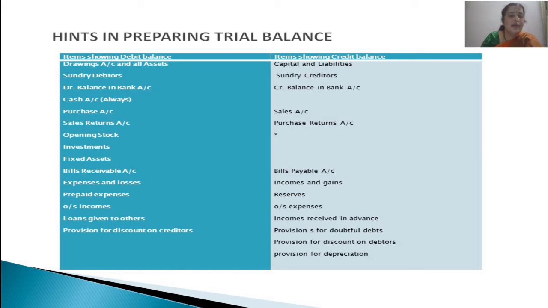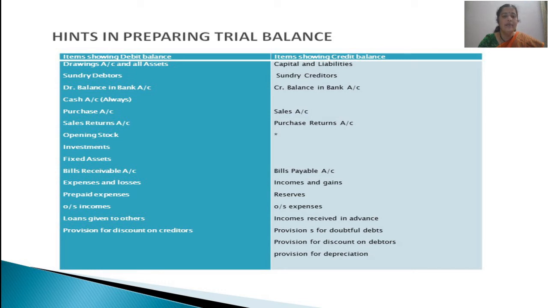So it has been done as items showing debit balance, then items showing credit balance. If you look at items showing debit balances, you know already what accounts will show debit balance. Debit all losses and expenses in case of real accounts. Out of the items that I have written, some relate to expenses and losses.